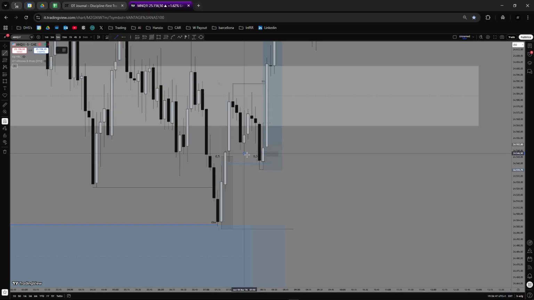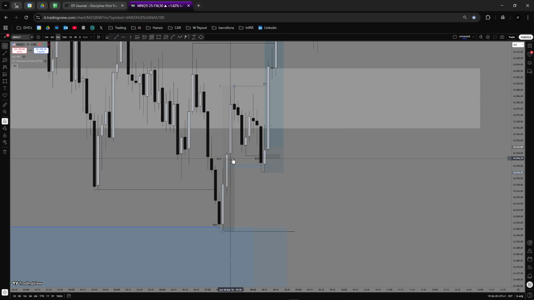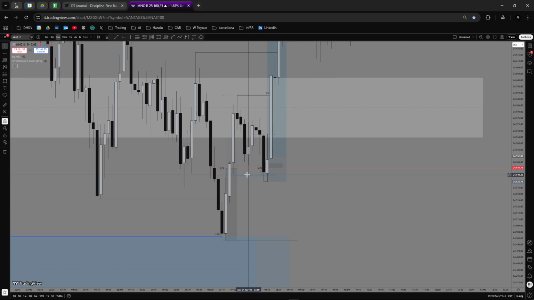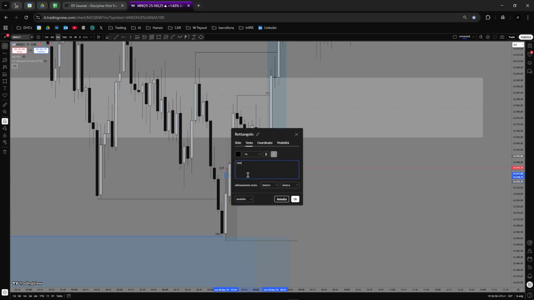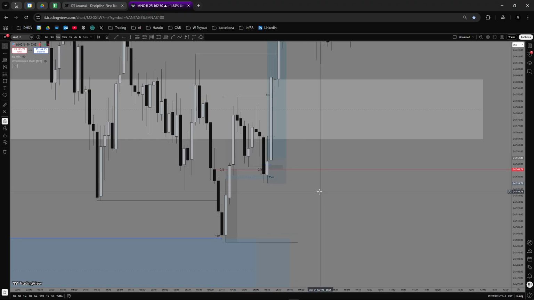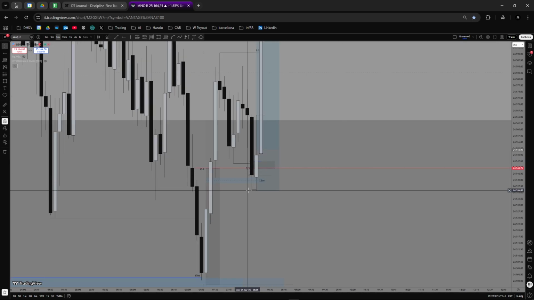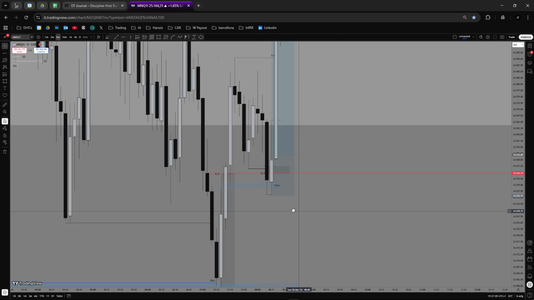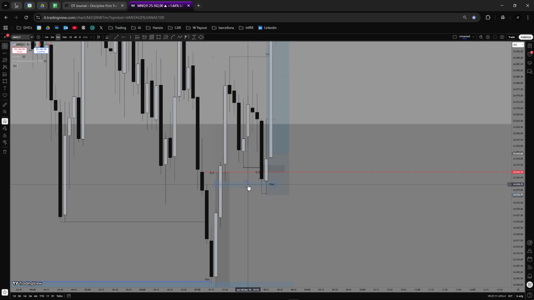You see, we swept the internal high, rebalanced at the EQ of this price leg, and then we used this 15-minute gap to bounce higher. Other than that, we even re-swept the low that we had set.